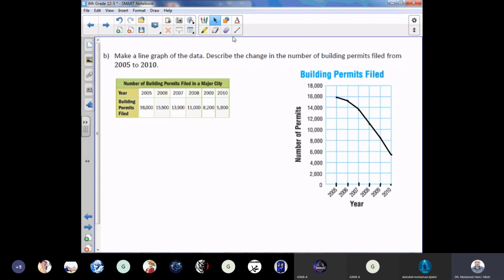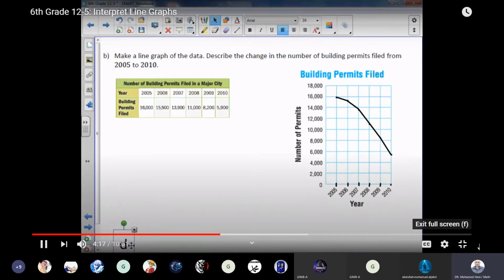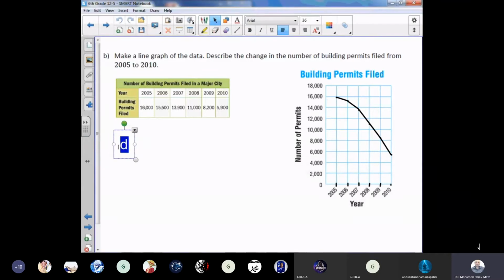All right, and now describe the change in the number of building permits filed from 2005 to 2010. Okay, it definitely decreased. So let's write that down.